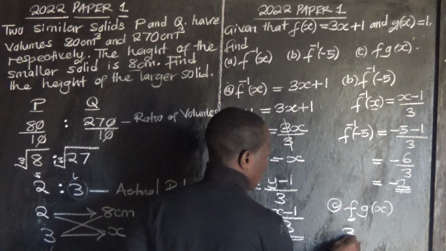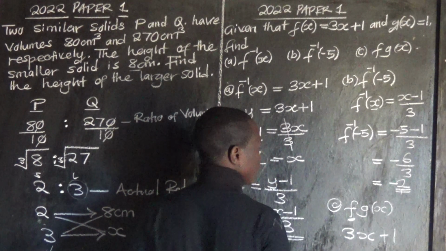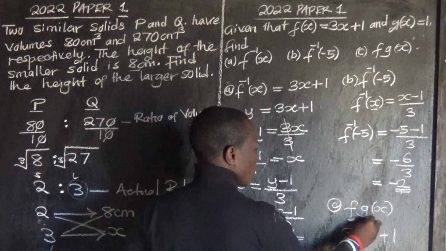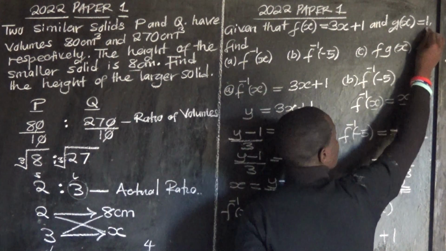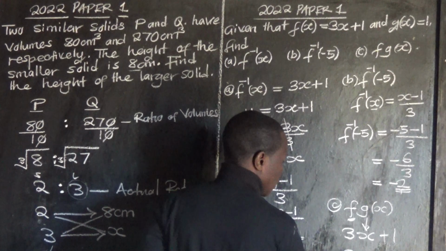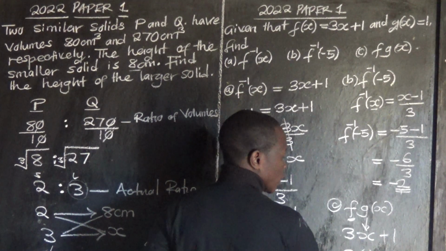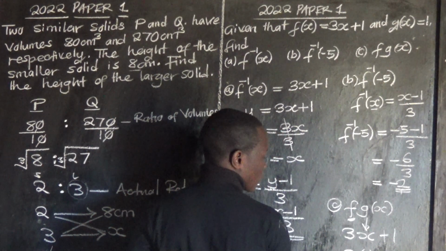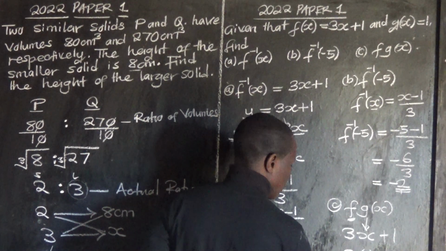It's 3x plus 1. Then where there is x, you put the function of g. What is the function of g? It's just 1. So we say 3, where there is x, you put 1, plus 1. 3 times 1 is 3, plus 1, you get 4.